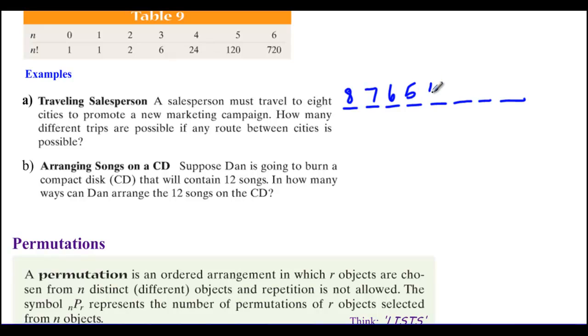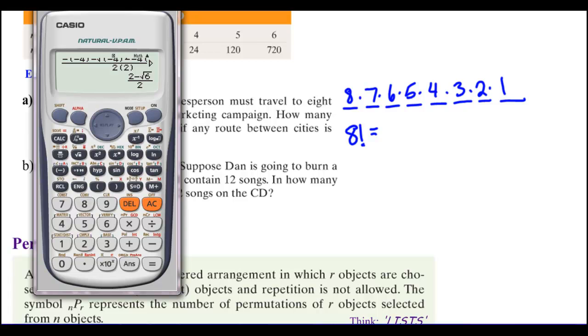Hopefully you see that this is turning into a factorial. So this is the same as 8 factorial, and we can have our calculators do that. We go 8, and then factorial's up here, so we're going to do shift, and then this x to the -1 button, hit equal, and get 40,320.